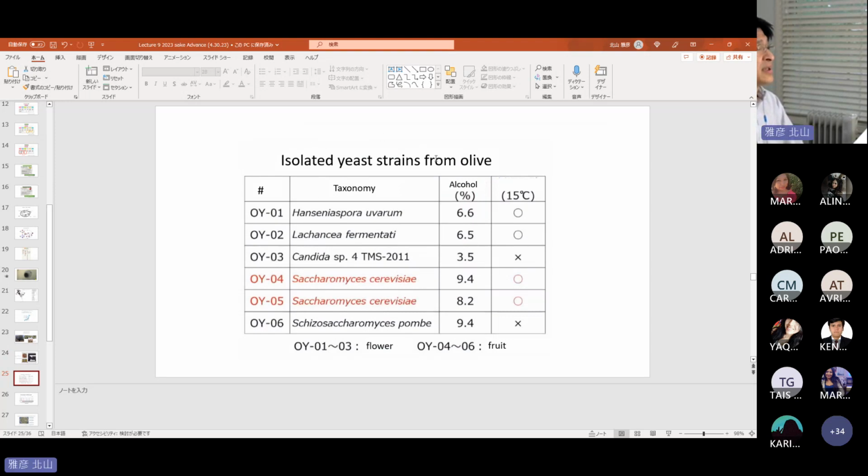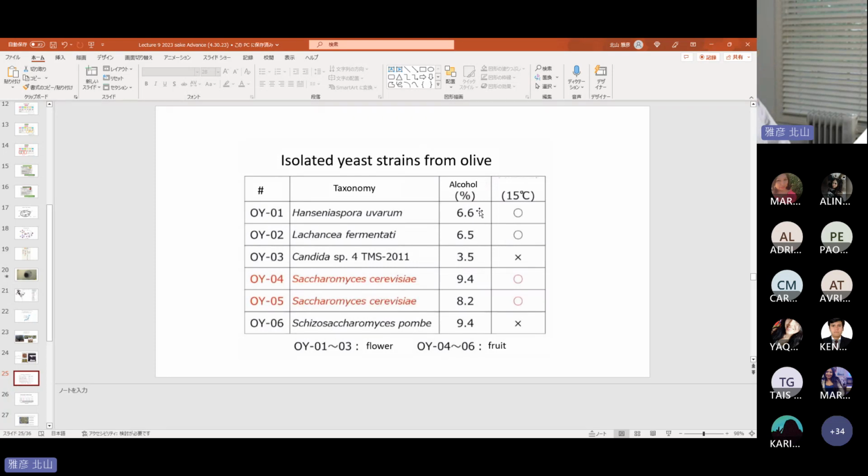And this is the data of their evaluation. These are five, maybe six different candidates they selected and kept. But you can see the alcohol level after fermentation is not very high.